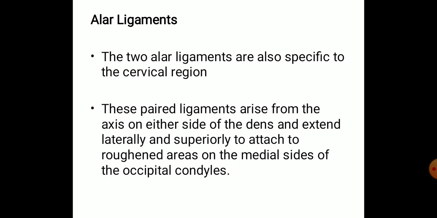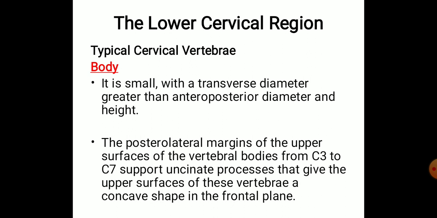So that is the property of alar ligaments. Those are the things which we need to talk about in the upper cervical region: what structures contribute to it, what functions are specified for it, and what ligamentous support we have in our upper cervical region.